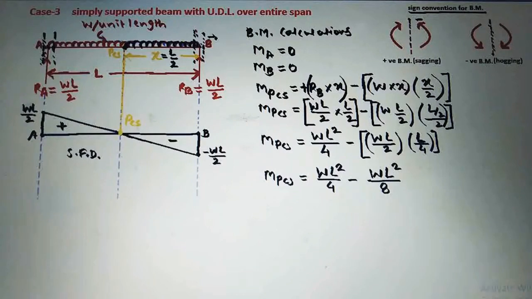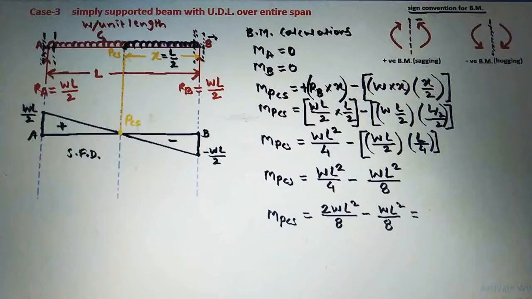Now we are taking LCM here. So bending moment at point of contrast shear will be equal to, here we have to multiply and divide this by 2. So 2 WL square divided by 4 into 2 will be 8 minus WL square divided by 8.